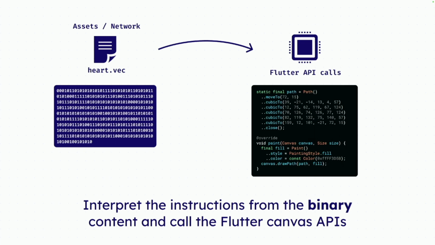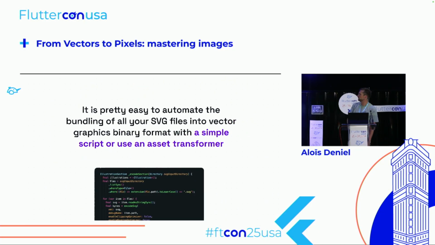So yeah, I won't go too much into the detail for the binary format, but it's basically what SVG does. So you have consecutive bytes that are translated into commands and arguments, and it simply reads byte by byte to generate the same thing that we've seen before. And the cool part is that you can use this package by yourself.